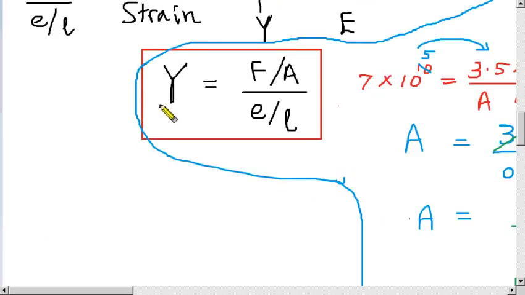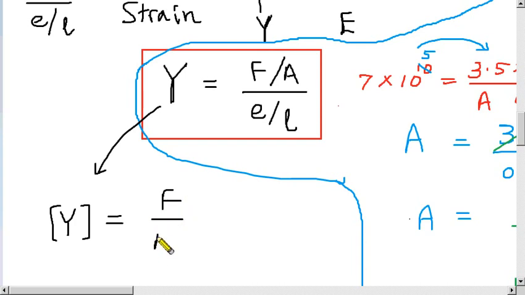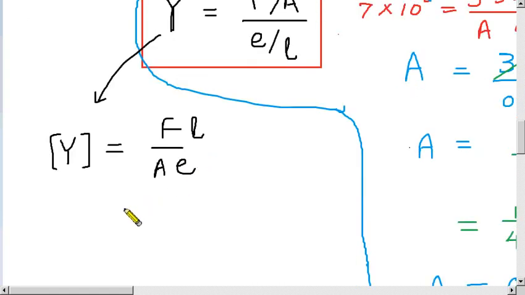And finally we can go to dimensions. Dimensions of Young's modulus equals dimensions of F divided by A. Inverting this E and L, we take A down.